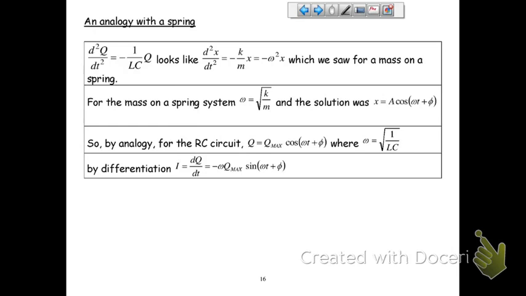So yes, you should know how to do it. But the important thing is the analogy. Omega equals square root of k over m. Well, this is omega equal to square root of 1 over LC. And we had x equals A cos omega t. Well, q is equal to q max cos omega t. So learn those two analogies.